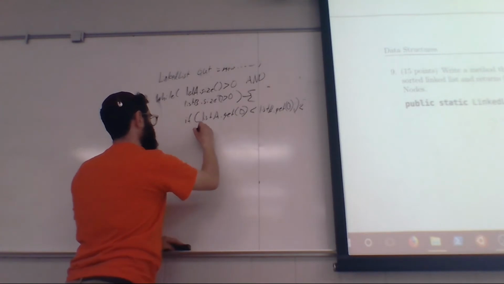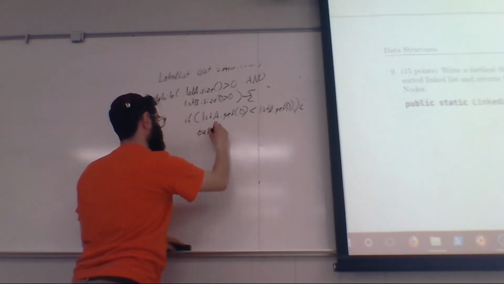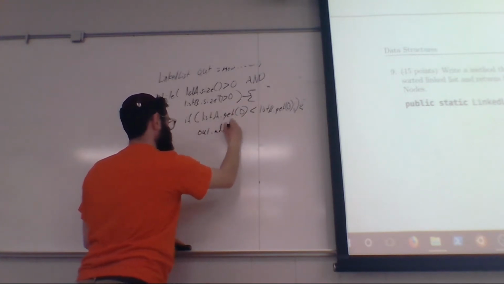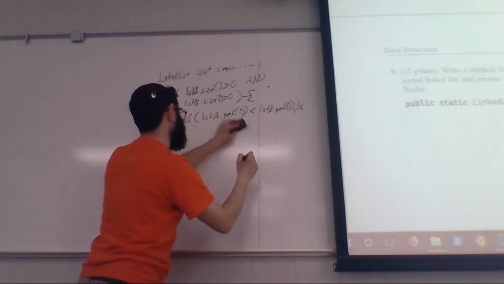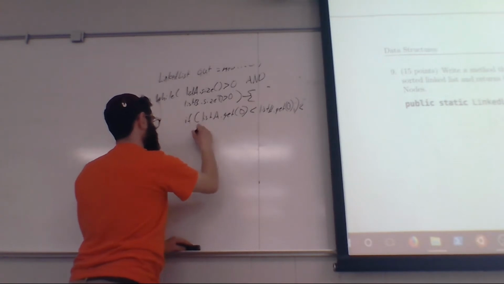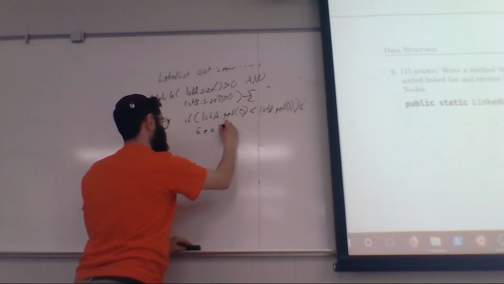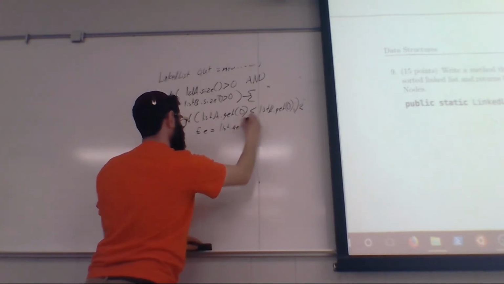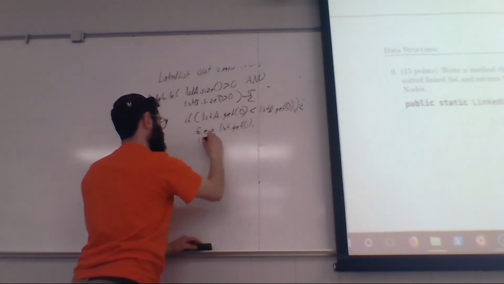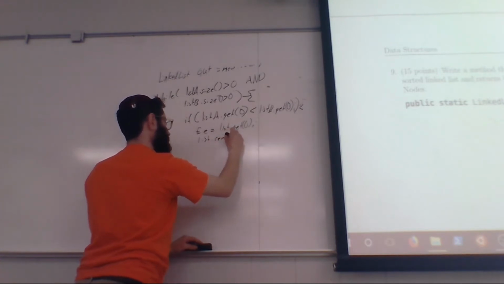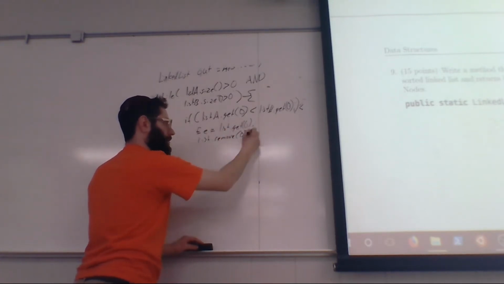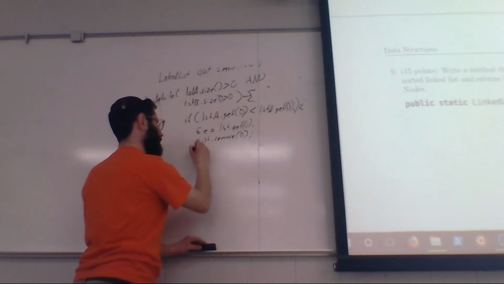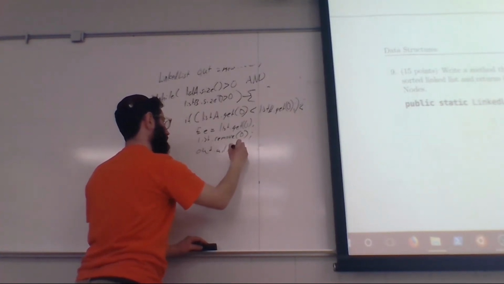Then out dot add, and actually, we might go e is equal to list dot get 0, list dot remove. So get the 0th item, remove it, and then out dot add e.